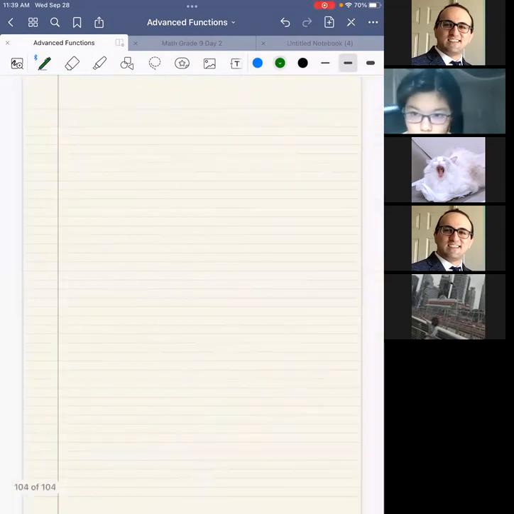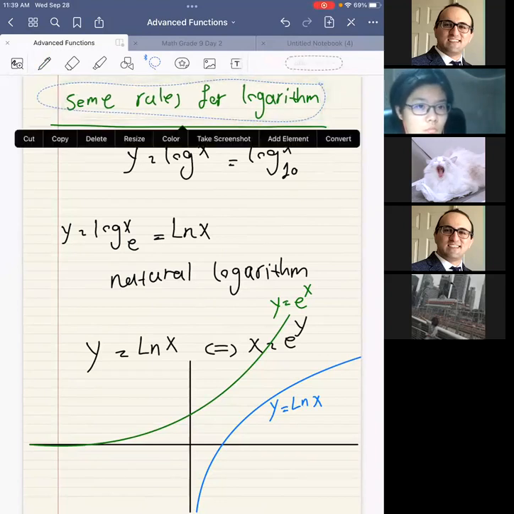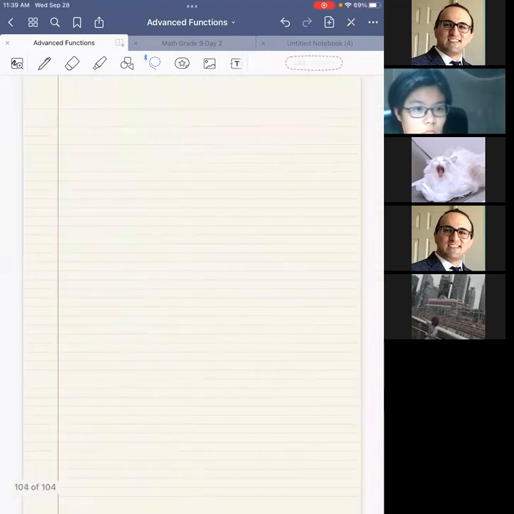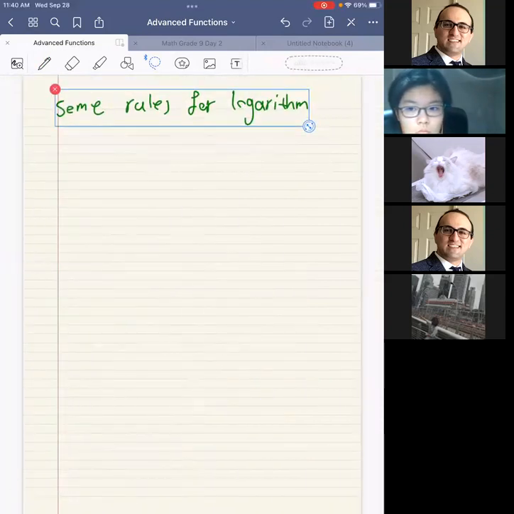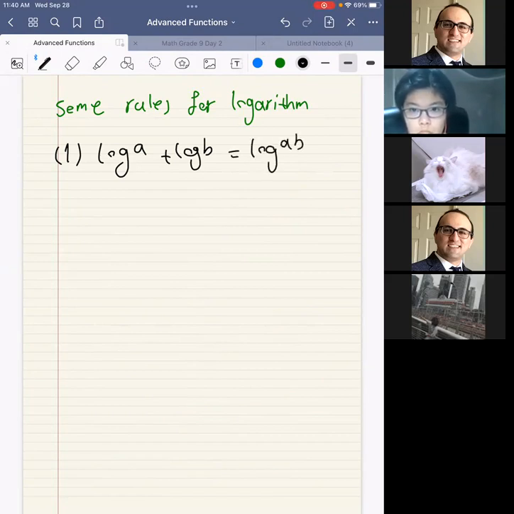Now I wanted to tell you some rules about the logarithm. When you add two logarithms, the first rule: log a plus log b is equal to log of a times b.